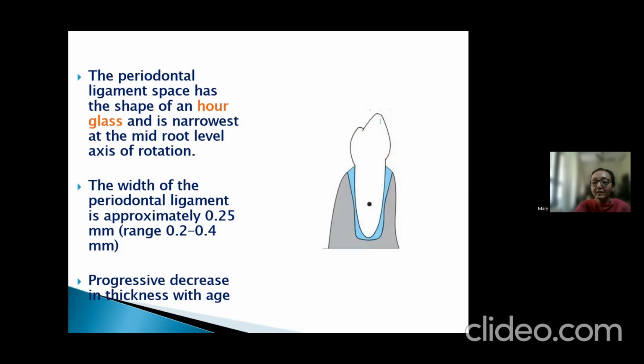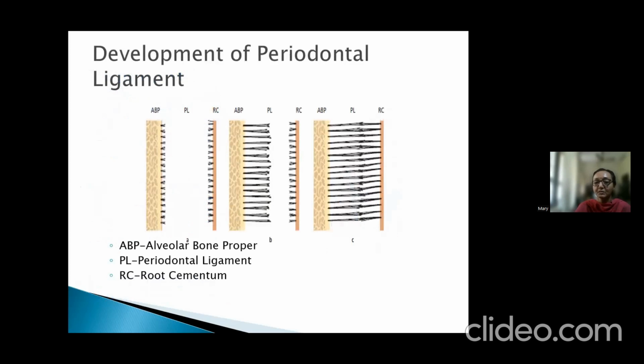It helps in the movement of the tooth within the physiologic tooth movement. The width of the periodontal ligament is usually approximately 0.25 millimeter, with a range between 0.2 to 0.4 millimeter. We also see that there is a progressive decrease in the thickness of the periodontal ligament as age progresses.